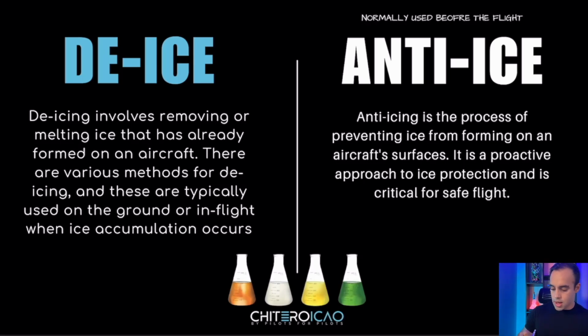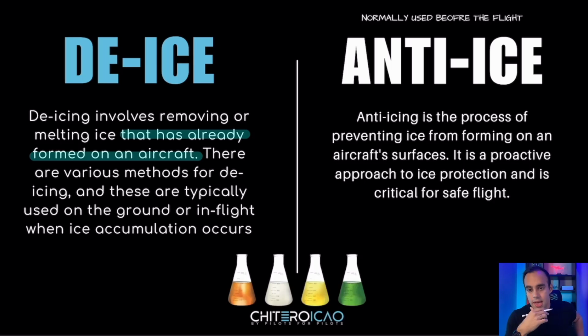So ice that has already formed on an aircraft, not in, right? On an aircraft. There are various methods of de-icing, and these are typically used on the ground or in flight when ice accumulation occurs. So how are we going to remove the ice that is formed on the aircraft, right?